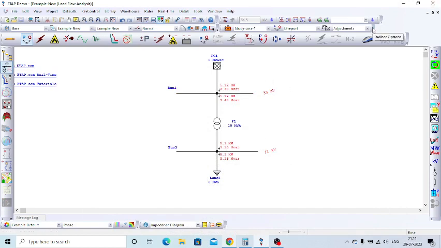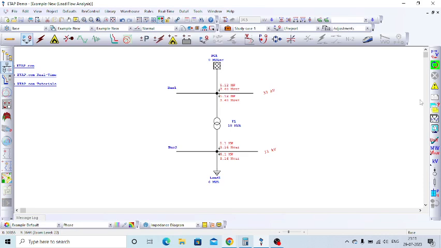As I told you in the first session, the steady state bus voltage has an operating tolerance, and that depends on the country. Generally it will be plus or minus 10 percent.